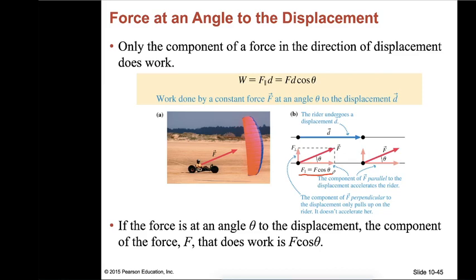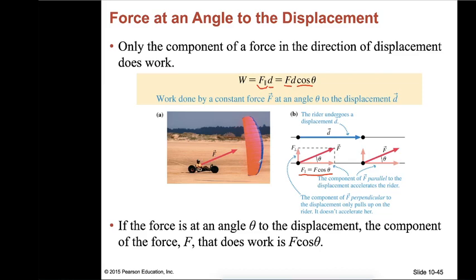Then the work can be calculated using the parallel component of the force. In this example, Fx times d, where d is in the x direction, equals Fd times cosine theta, where theta is the angle between the force and displacement.